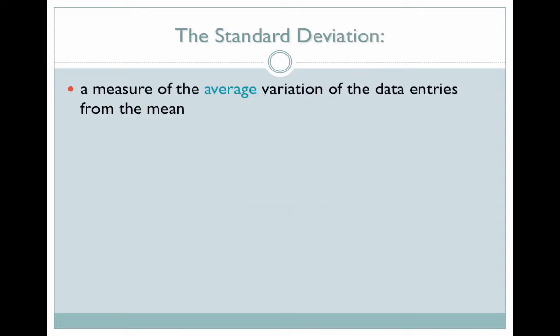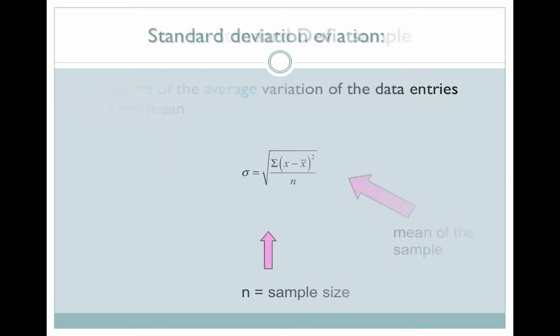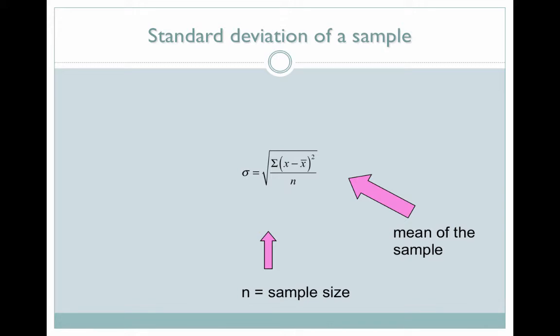The standard deviation is the average variation of the data entries. To calculate the standard deviation, you're going to take the sum, here's uppercase sigma, that means add the following, the sum of the difference of each x value and the mean squared.